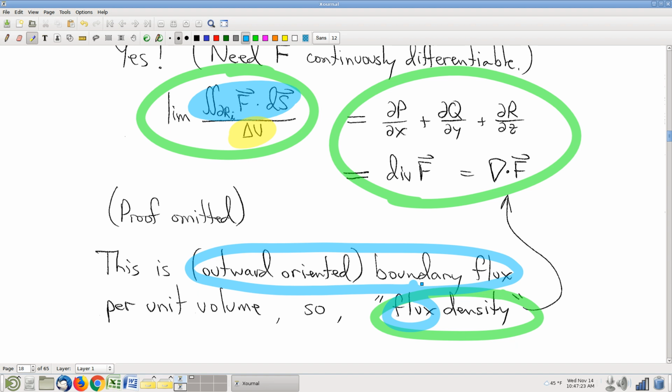But just, again, another quick cultural note. The term divergence and the term flux density. Honestly, in my physics days, I heard the term flux density substantially more often. So this is really, in fact, why I pushed real hard long ago on the ideas of, and it seemed weird when I decided, well, let's rename derivative.